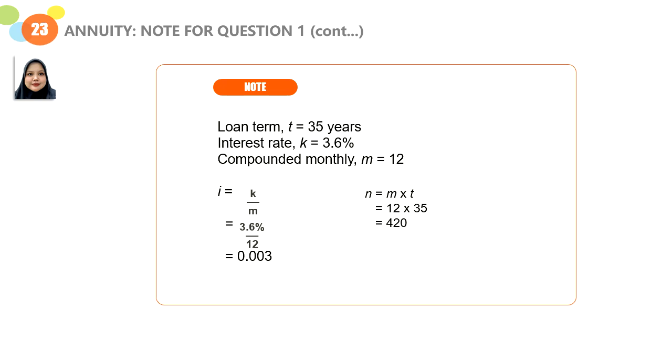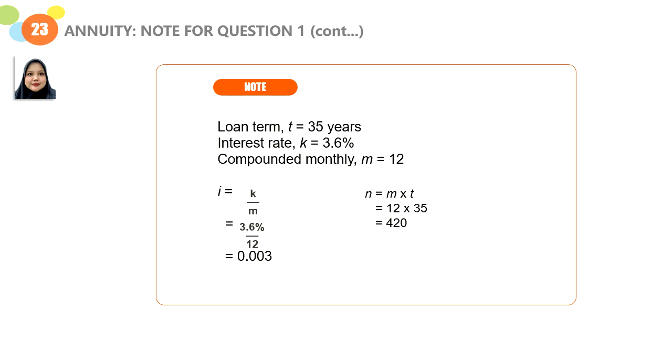To find the periodic interest rate, we divide the annual rate by the number of compounding periods. I equals K divided by M equals 3.6% divided by 12 equals 0.3% per month or 0.003 in decimal form. Next, we calculate the total number of payment periods.